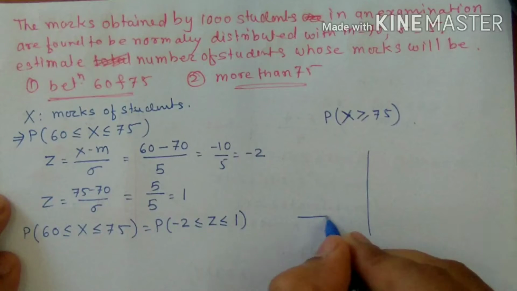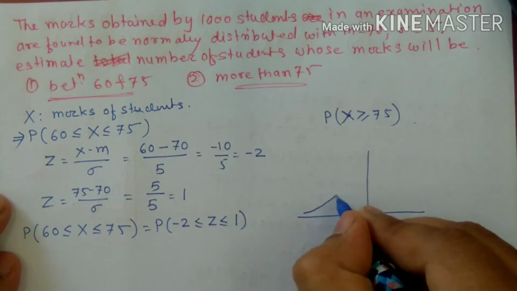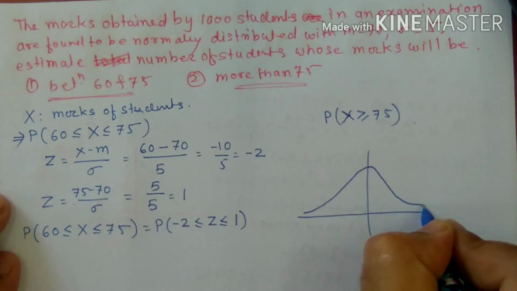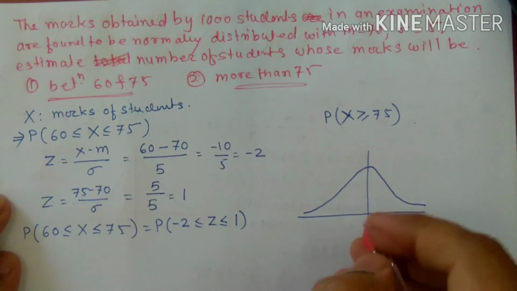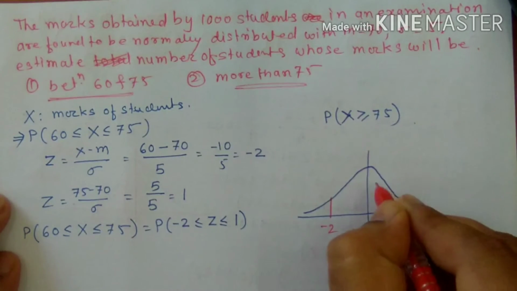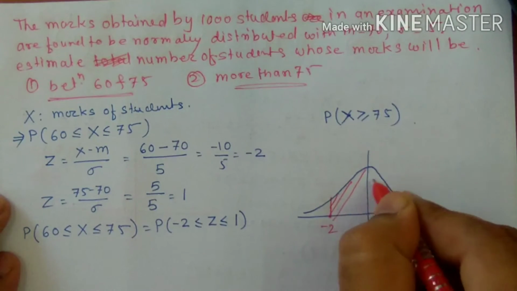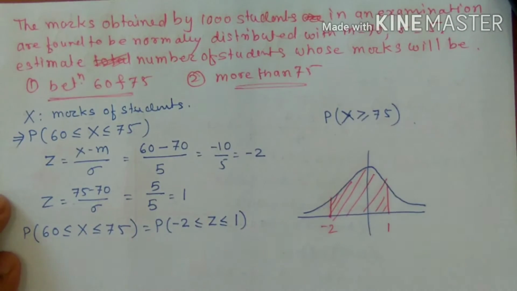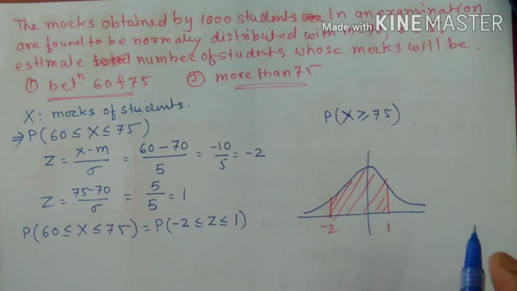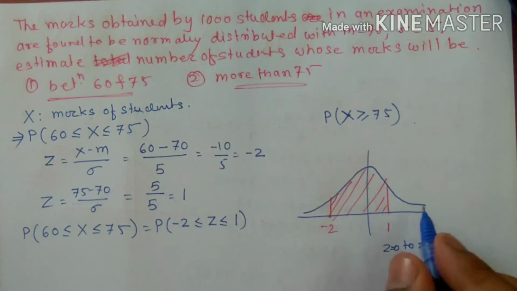Now what is the situation according to your standard normal curve? Somewhere here I have minus 2 and somewhere here I have plus 1. So the probability is this total area. Now, the table we discussed in the previous video is for the right side of the y-axis, that means from 0 to Z1 we calculate the area.